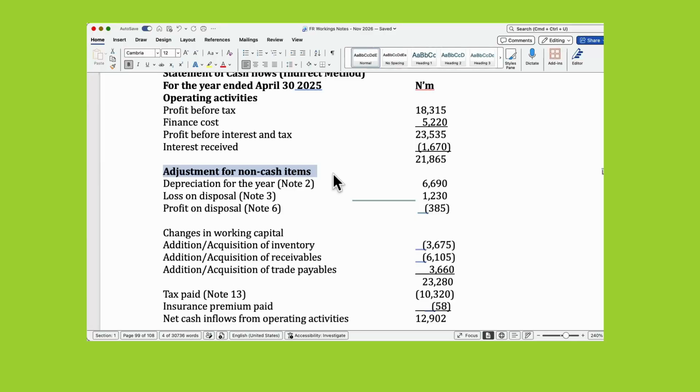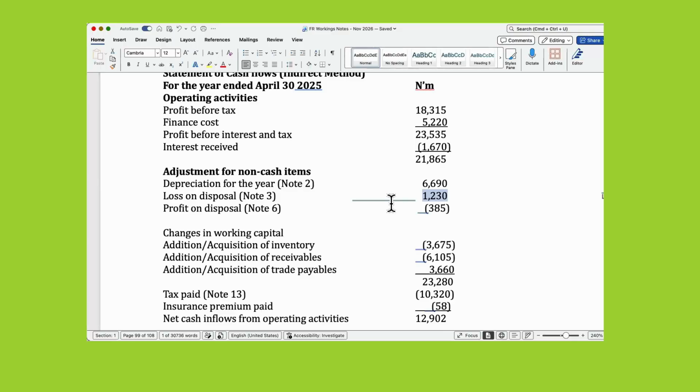We did the reverse of what they will have done. For depreciation, that will have been deducted in arriving at the profit, so we added it back. For loss on disposal, that will have been deducted in arriving at this profit. We also added that back. Profit on disposal, which is an income, will have been added in arriving at this profit.